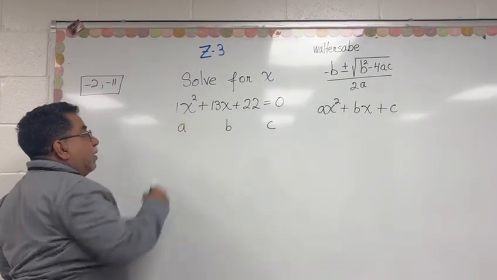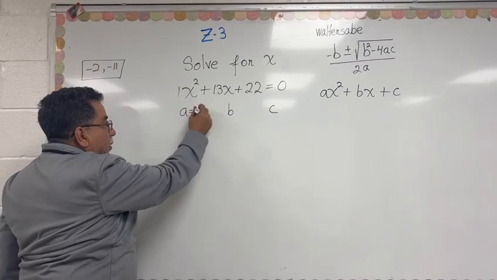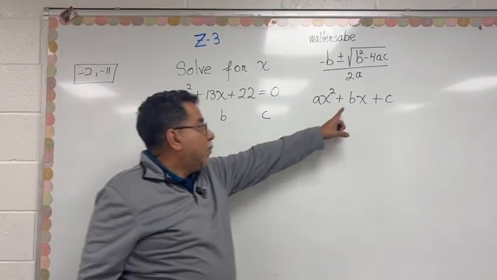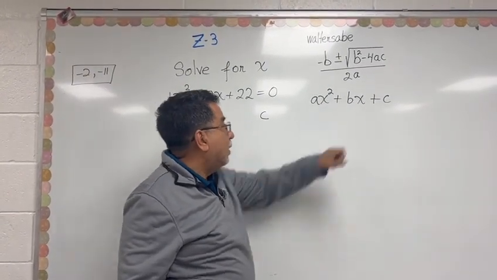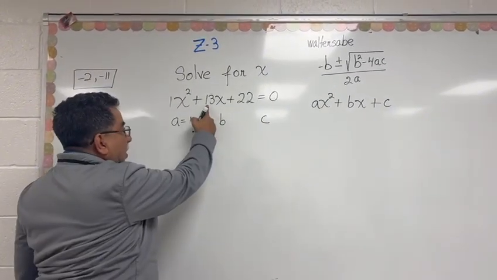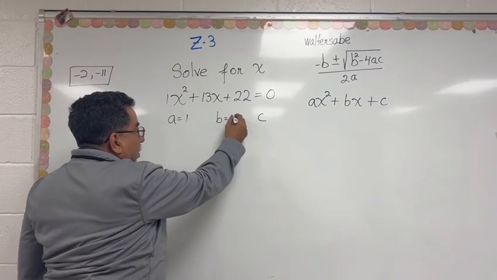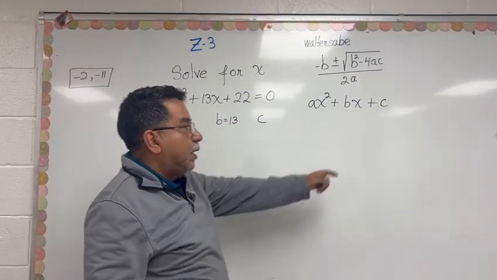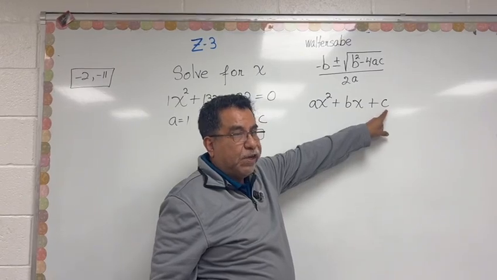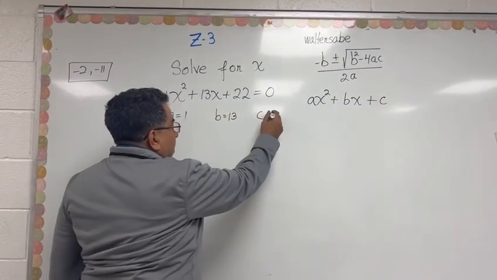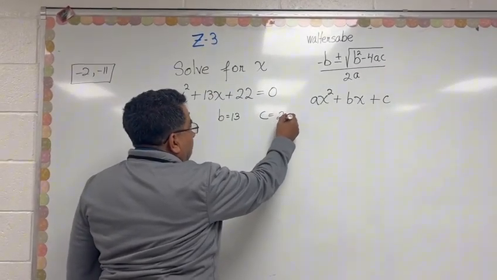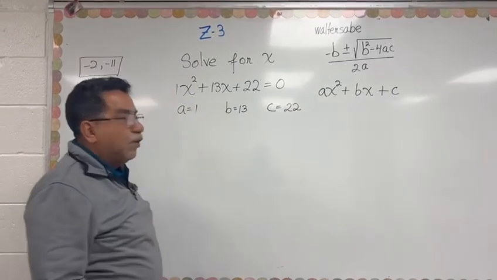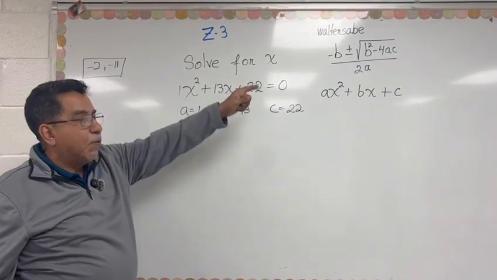It's like an imaginary one. So A will be 1. B is the number next to the x, which in this case is 13. And C will be your constant. Now let's plug in these numbers into the quadratic formula.